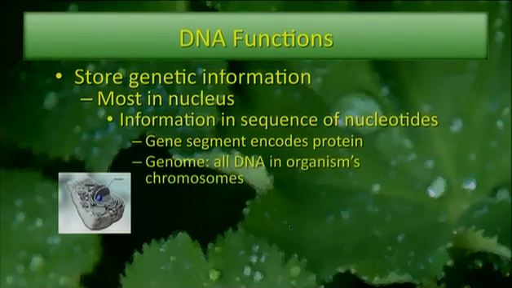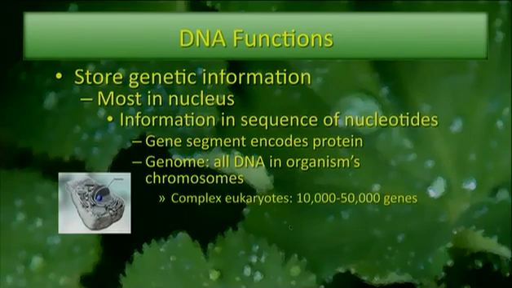Now the genome is all the DNA in an organism's chromosomes. All the organism's chromosomes make up the genome. In a complex eukaryote, there are 10,000 to 50,000 genes. Remember that each gene encodes a protein.